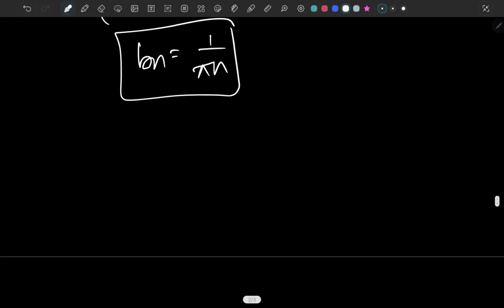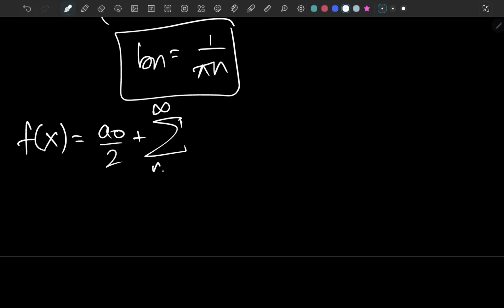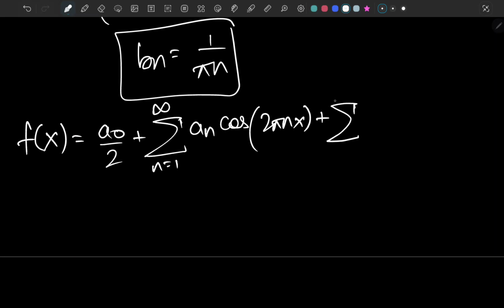And now let's get back to our Fourier series, which was f of x equals a0 over 2 plus the sum as n goes from 1 to infinity of a sub n cosine of 2 pi nx plus the sum as n goes from 1 to infinity of b sub n sine of 2 pi nx.